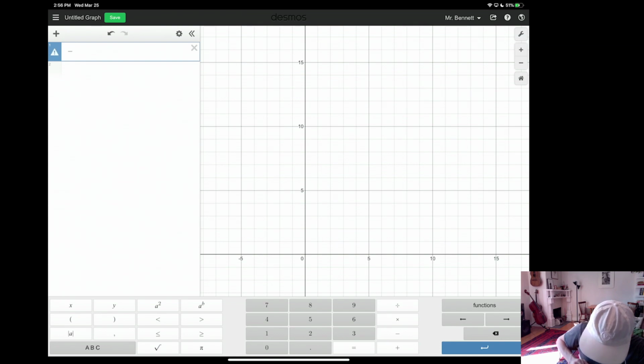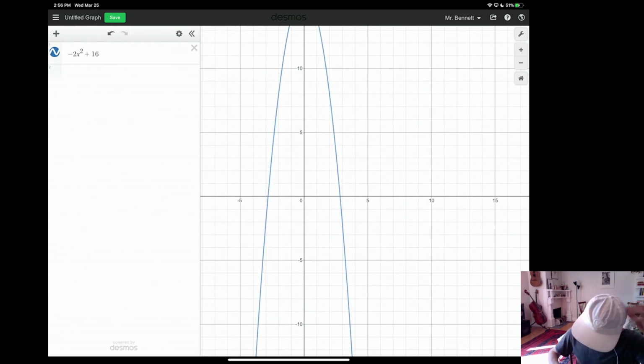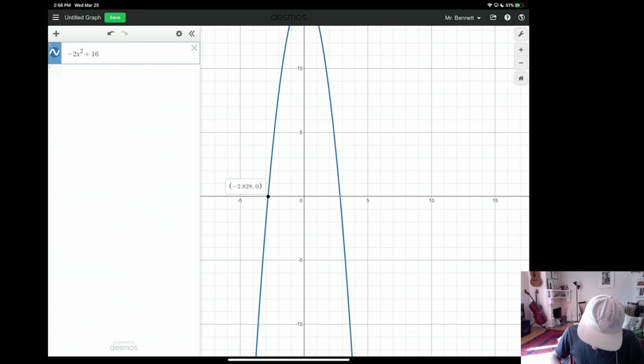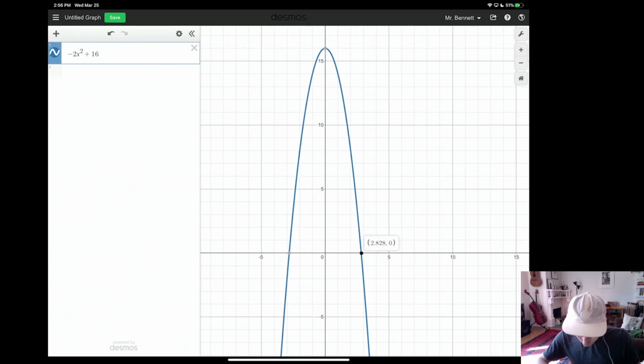We've got -2 times, and I know that the variable is u, but we're going to call it x squared plus 16. And what did we say? It was like 2.83? Yeah, 2.828. So that is consistent with our work. So that's cool.